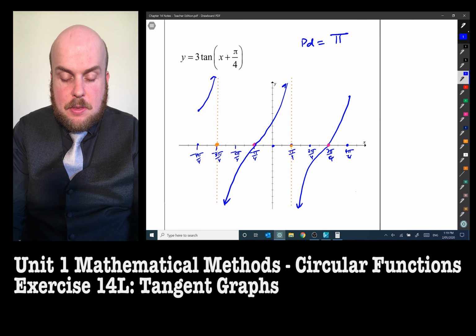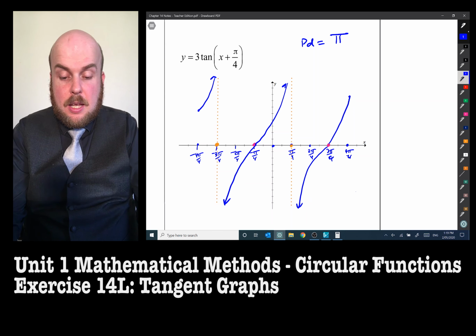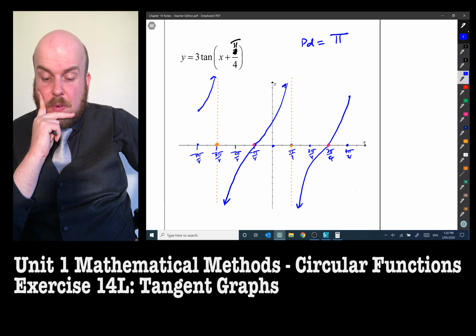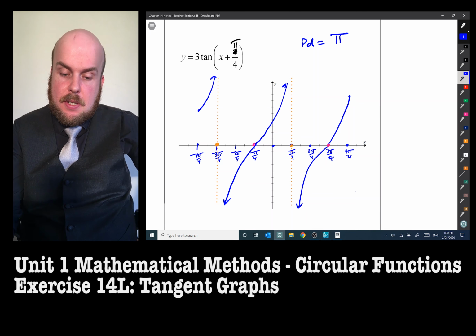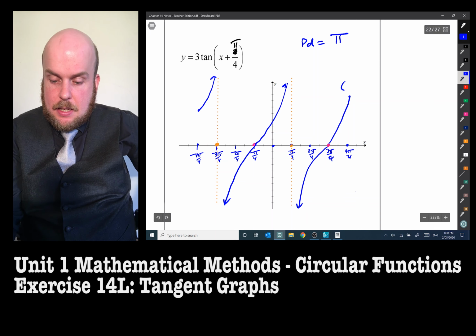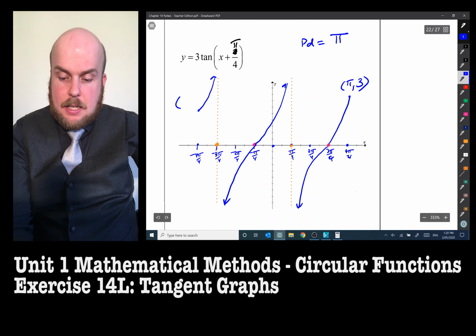So this would be at 3 pi plus pi on 4, 5 pi on 4. 5 pi on 4 is in the 3rd quadrant, so that's going to be at pi and 3 times 1, so that's pi 3. And so this is also going to be at -pi 3.